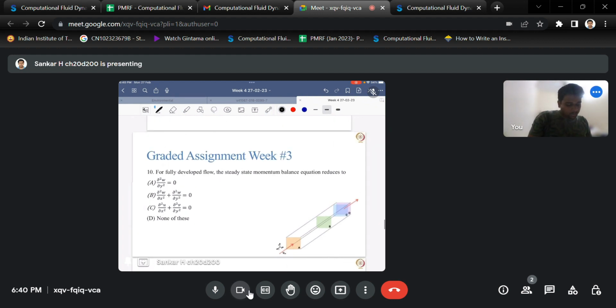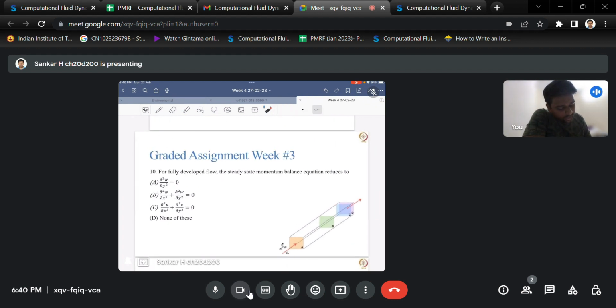Moving on to the 10th question. For a fully developed flow, the steady state momentum balance equation reduces to which among the following?